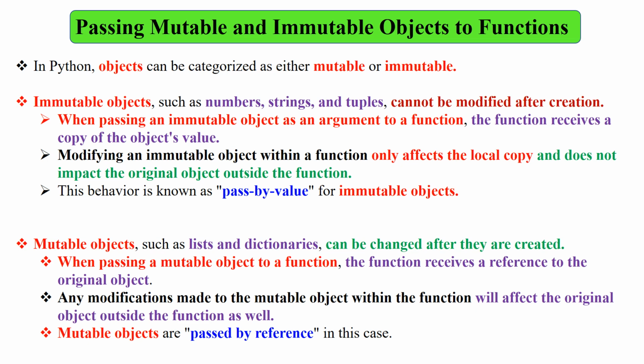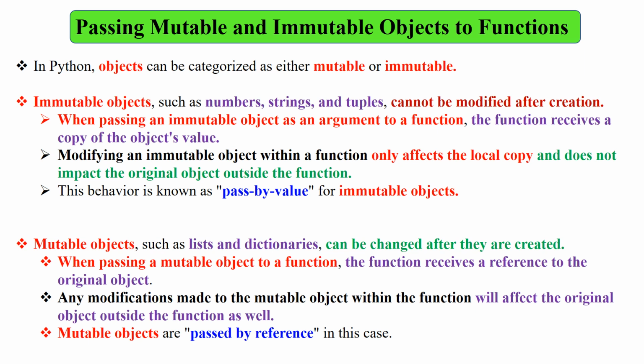When passing an immutable object as an argument to a function, the function receives a copy of the object's value. Modifying an immutable object within a function only affects the local copy and does not impact the original object outside the function. This behavior is known as pass-by-value for immutable objects.